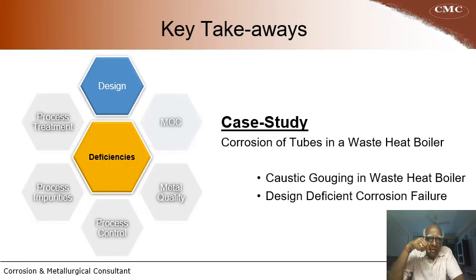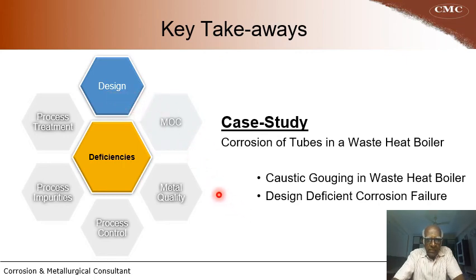The takeaway on this particular small video presentation of a case study: we have seen corrosion of tubes in a waste heat boiler, and that resulted in caustic gouging due to lack of design.